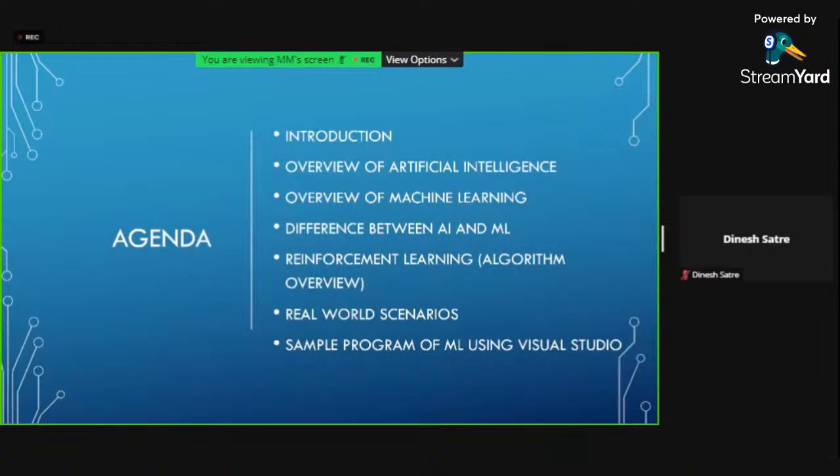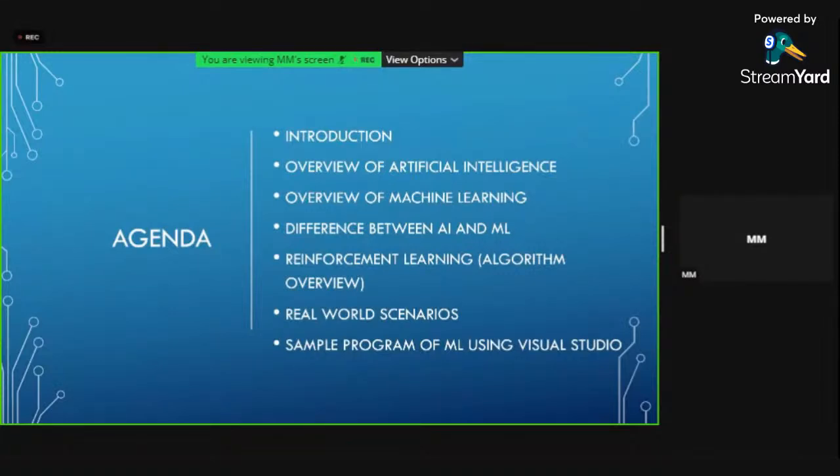So our agenda for today's session is that we'll go with some basic introductions of AI and machine learning. Then we'll see them individually in a little more detail, and then we'll see the differences between AI and ML. Then I'll try to cover one of the algorithms, reinforcement learning.